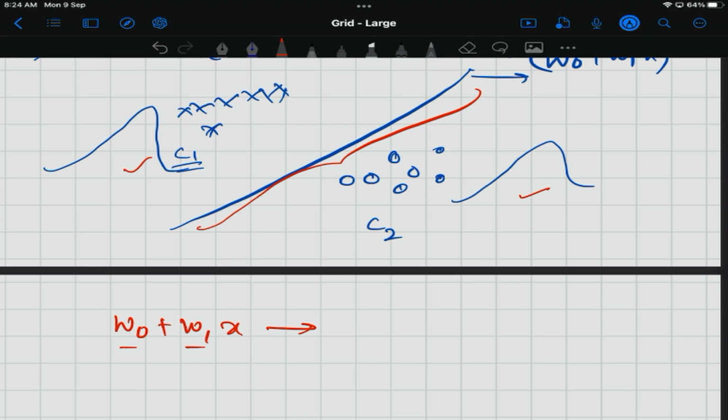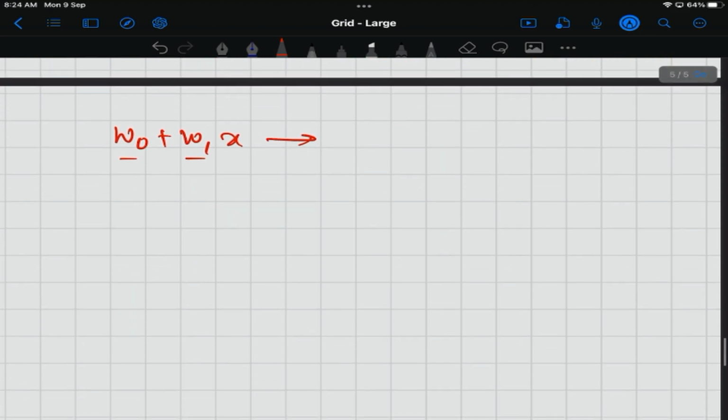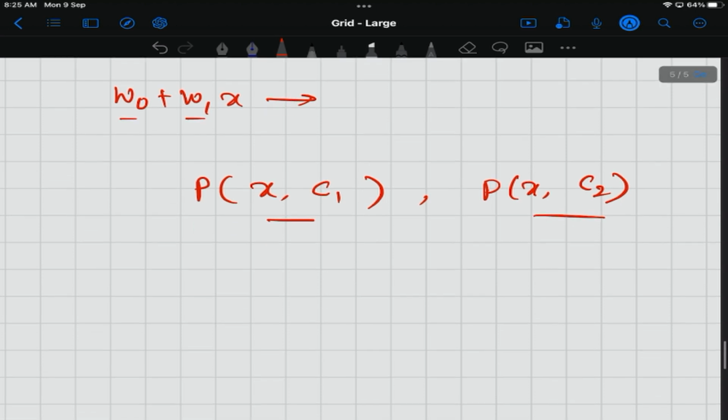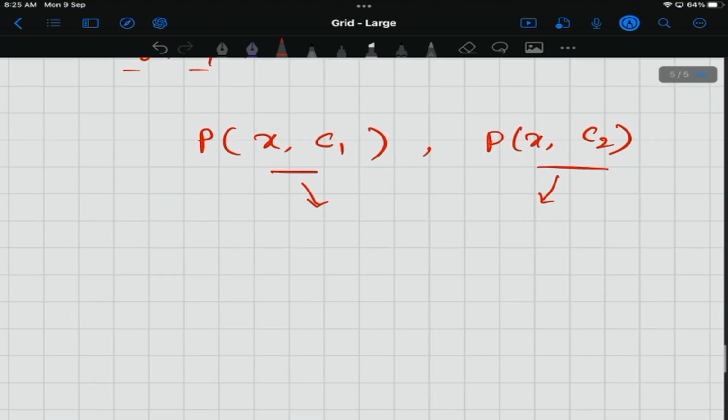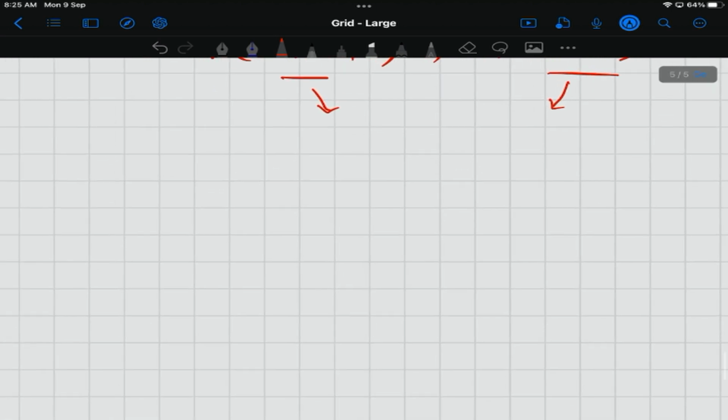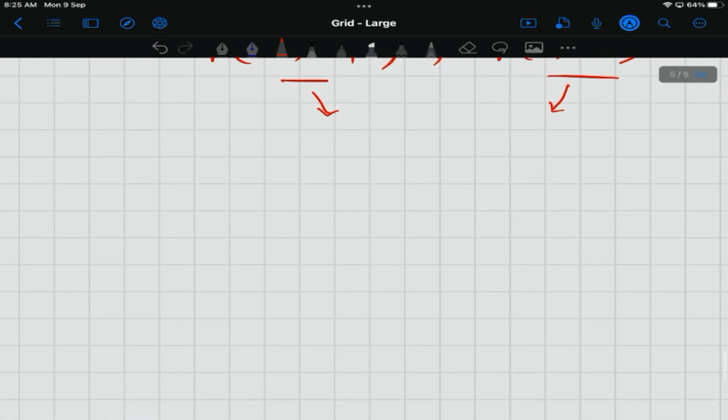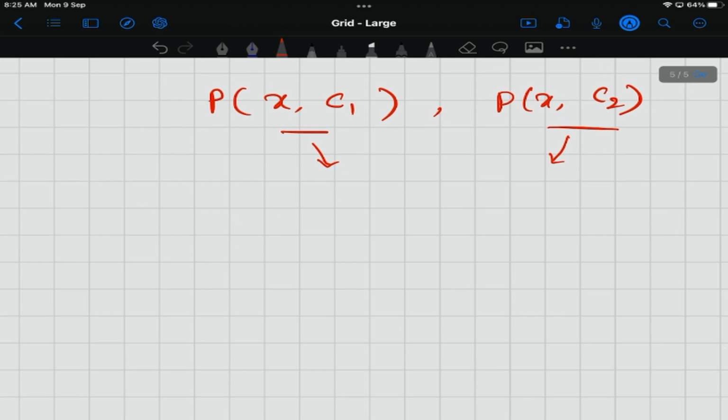You have to assume. Now if I learn my distribution functions, maybe probability of C1 and probability of C2, then using these distribution functions, I will try to do the classification problem. Okay, so let's see one example.